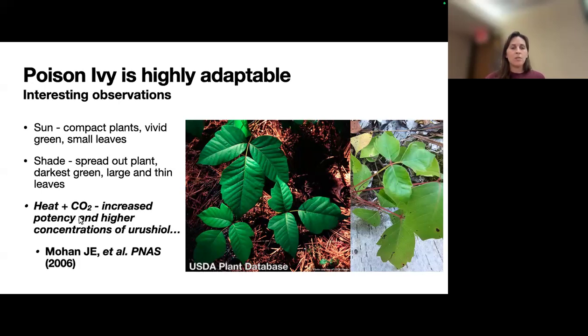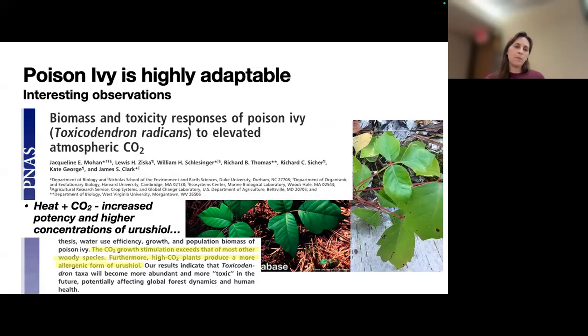And then, if you remember, I mentioned that you should keep something in the back of your head because this heat and carbon dioxide can lead to increased potency and higher concentrations of urushiol. And so this is an important consideration as we lead into a world dealing with global warming. This was published in the Proceedings of the National Academy of Sciences, a well-respected journal in the academic world: Biomass and Toxicity Responses of Poison Ivy to Elevated Atmospheric Carbon Dioxide.